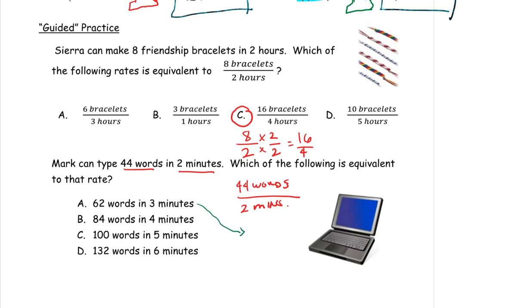so this is 62/3, but to get 3 minutes, what you did to your 44/2 there is you multiply it by 1.5.